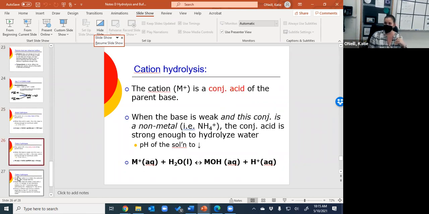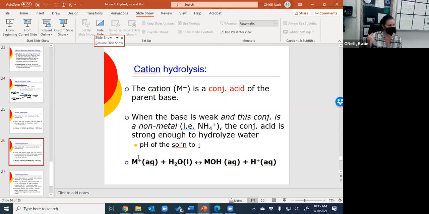On the flip side, if you have a weak original base, you get a strong conjugate acid. That strong conjugate acid, which is going to be the M, is then going to hydrolyze the water and split it, because it's a cation, it will bond with the OH. And so what you get then is the hydrogen kind of being picked out.